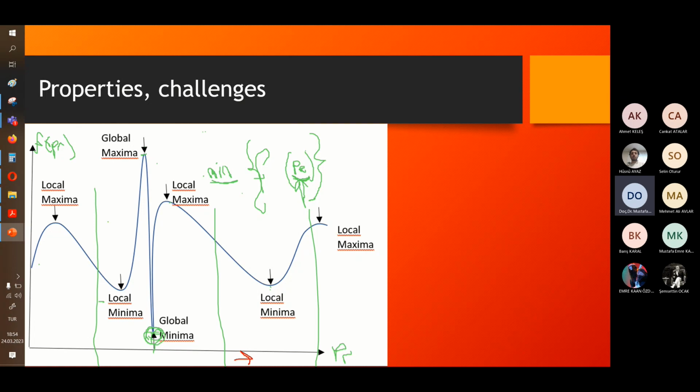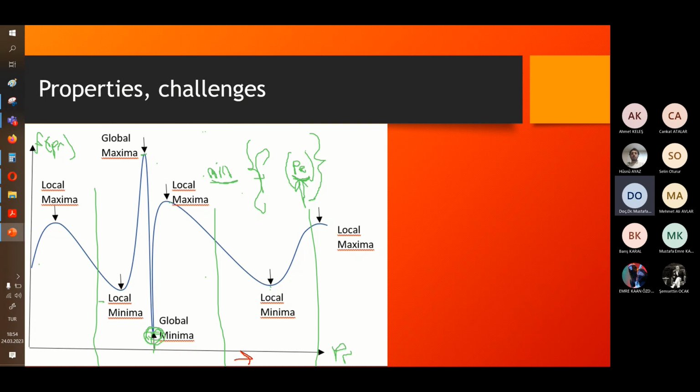Anyway, so now what we know, P is a dependent variable. Fn is the fitness function depending on P, and we should be able to write a fitness function to evaluate the goodness of a solution.